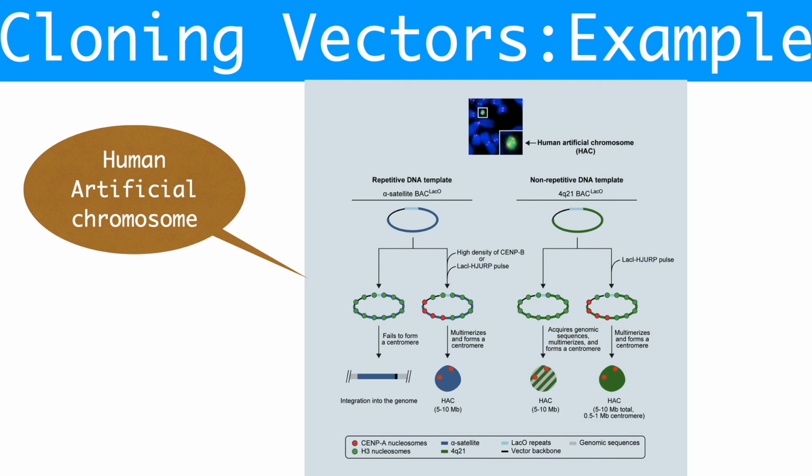In this way, scientists have had success in the development of transgenic animals for agricultural purposes, in curing some diseases, and in developing some therapeutic products. One example of a human artificial chromosome is 21HAC.